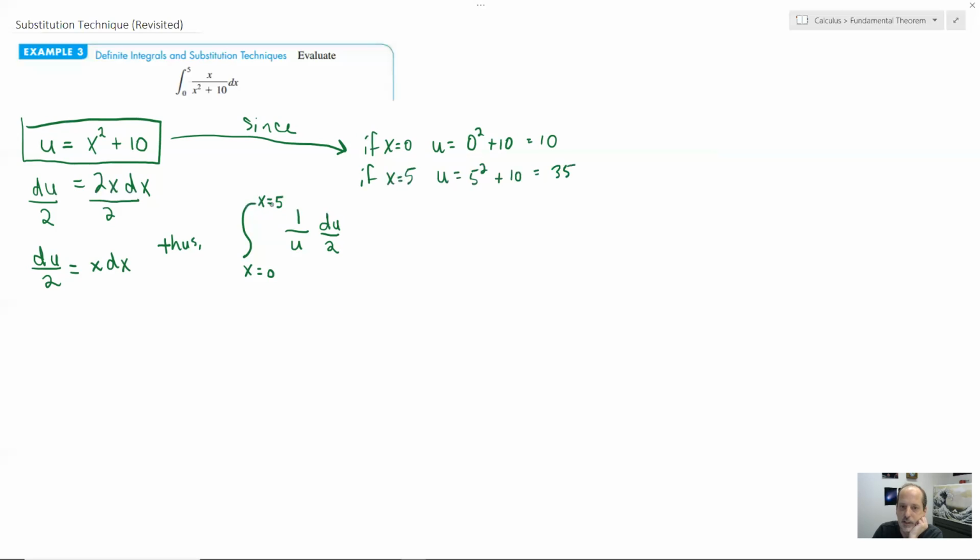So now I can change this x equals and say, okay, we're looking for the integral from u equals 10 as the lower bound and 35 the upper bound. And I'm going to bring this 1/2 out in front of 1 over u du. Okay, so this equals 1/2 ln abs val of u running from 10 to 35.